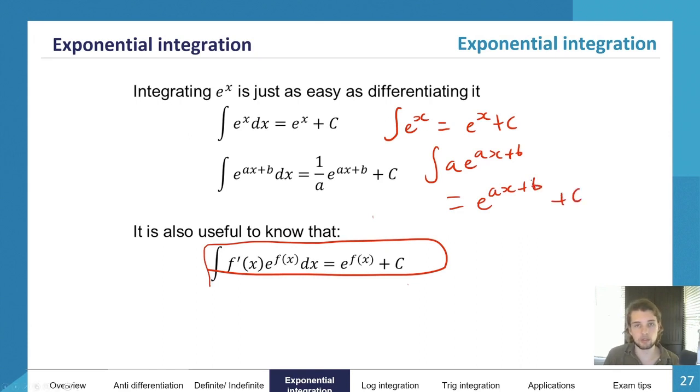That's because this derived only has a, so a goes out the front when we derive it. So when we antiderive it, we do the inverse process and get rid of the a. In this scenario we don't have the a out the front, so instead we have the 1 over a there, because if we did derive this, the a would go out the front, and then it would be a over a, and it would all cancel.